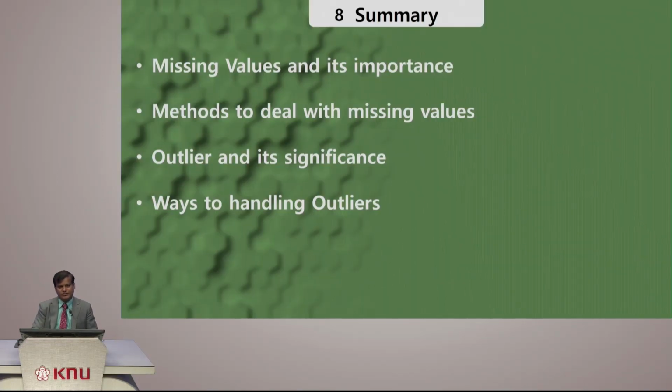So that's what we have seen today. We saw the importance of missing values, how these missing values can add a bias to your results, and we also talked about how missing data can be imputed, or in other words, how we can handle this missing data. And finally, we talked about outliers, their significance, and ways to handle them.